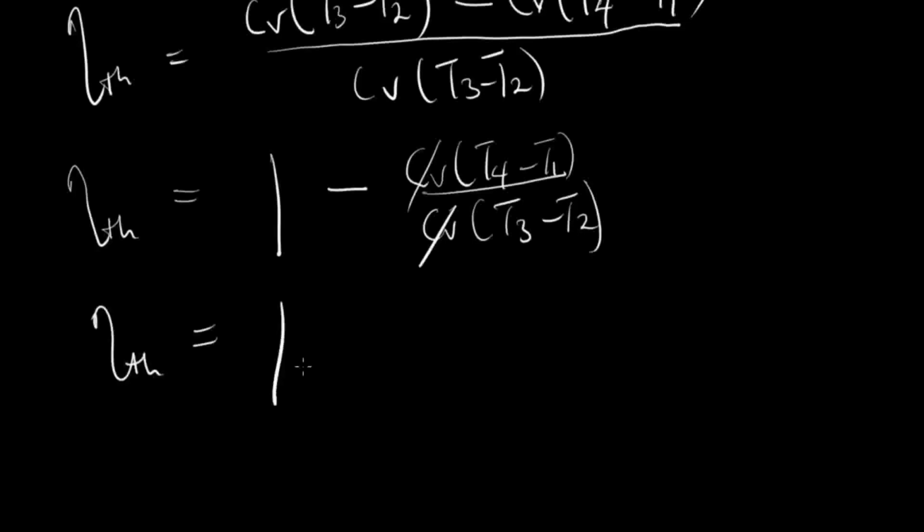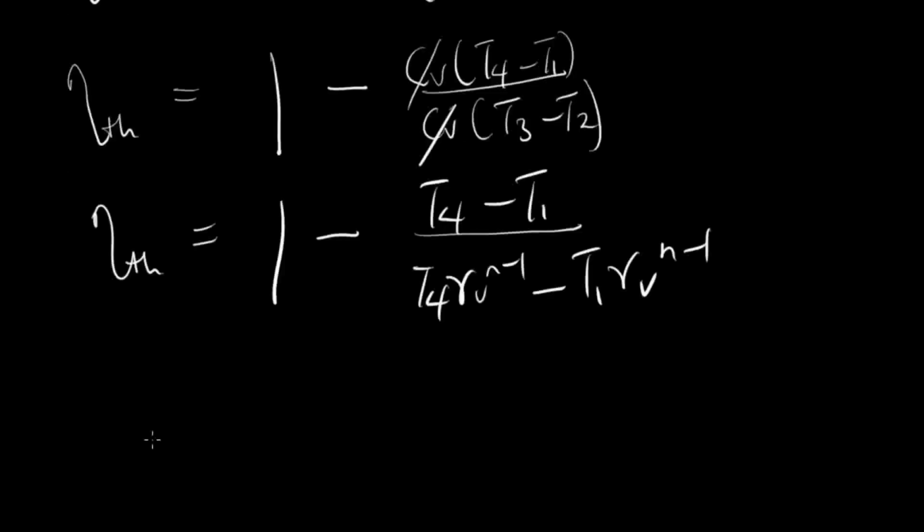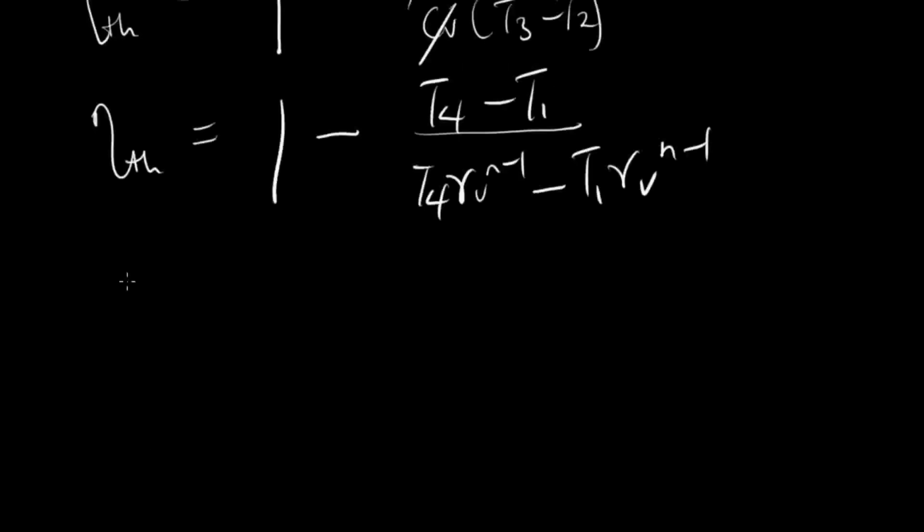efficiency is 1 minus (T4 minus T1) all over T3, which is T4 RV to the n minus 1, minus T2, which is T1 RV to the n minus 1.